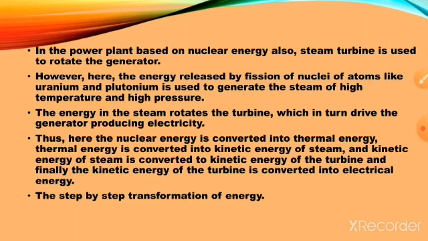Thus here the nuclear energy is converted into thermal energy. Thermal energy is converted into kinetic energy of steam, kinetic energy of steam is converted into kinetic energy of turbine, and finally the kinetic energy of turbine is converted into electrical energy. The step-by-step transformation of energy is seen here.